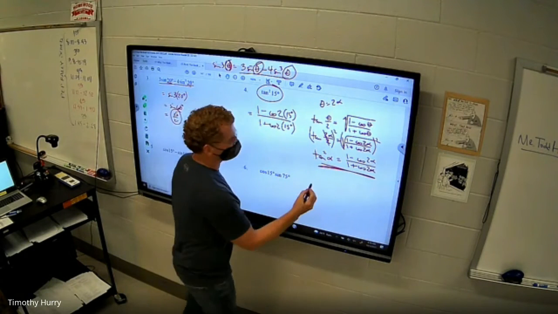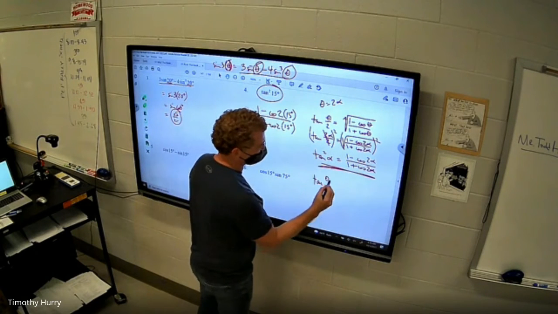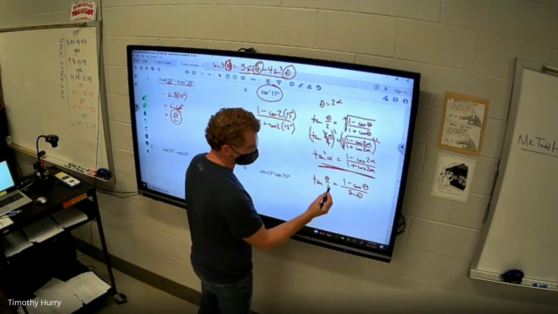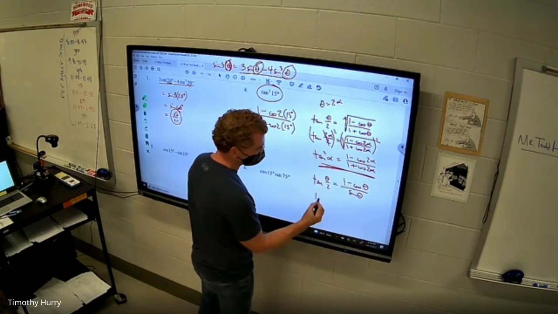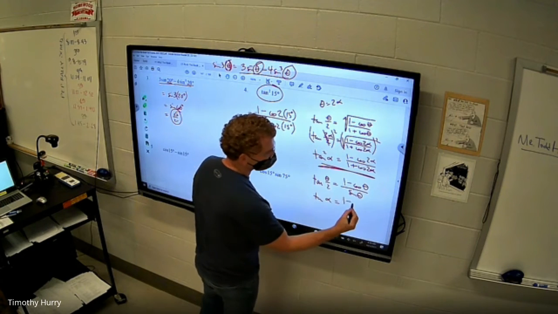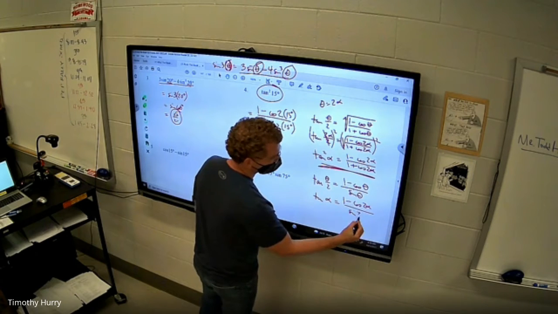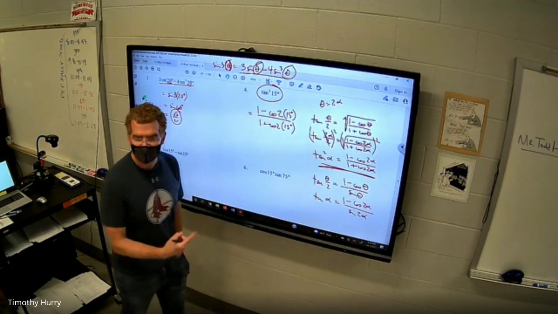If you did this for the half angle, and then substituted 2 alpha in there, you end up getting this, which there's nothing wrong with for finding that alpha.